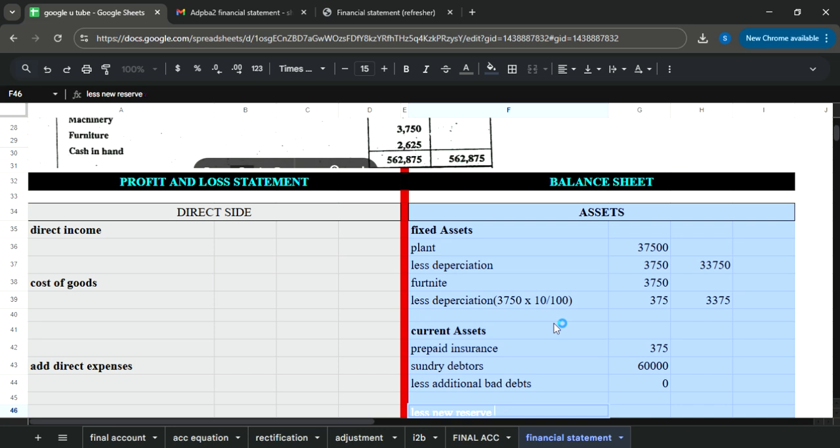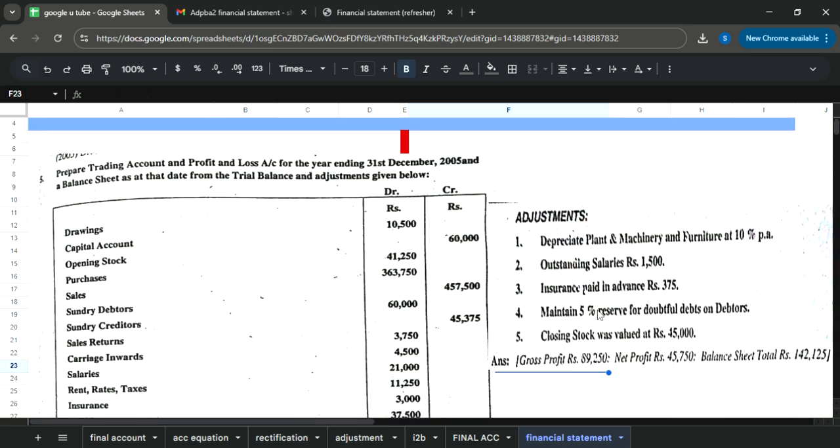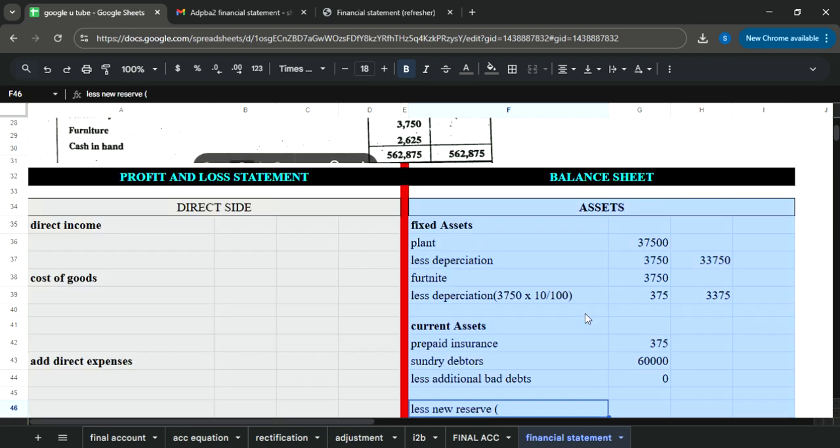Since we have narrow space, so that's enough. New reserve, for that, read out again, maintain 5% reserve. Now you will calculate 5%, and please note it down. This 5% would be calculated at this amount. Since it is 0, so same 60,000, and you will multiply it with 5 and divide it by 100.